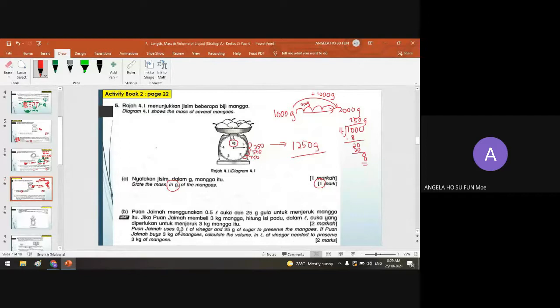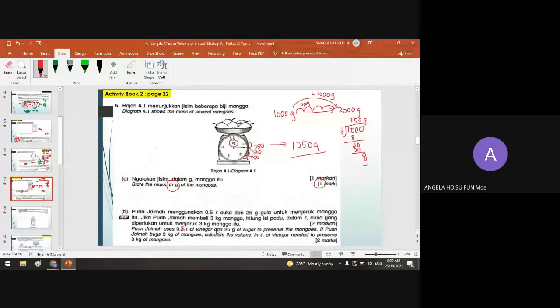Because only with 0.5 you will get the answer. If you put 0.3, you will not get the answer. I don't know how many of you noticed this. If you cannot get this correct, maybe it's a bonus for you. Change this 0.3 liter of vinegar to 0.5 first. Maybe it's a typing error.